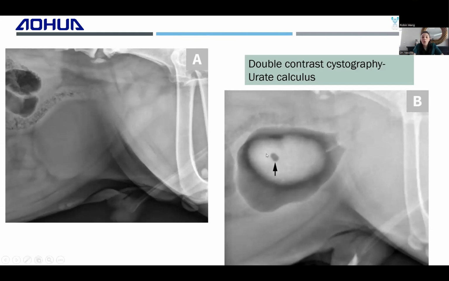You see that in the plain radiograph, we miss the urate calculi, but in the double contrast, because urate calculi are really radiolucent, you can see them. And as we said, we really have not to misinterpret them or confuse them with blood clots or with bubbles. You can shake the bladder a bit. If it's a bubble, it will go away.